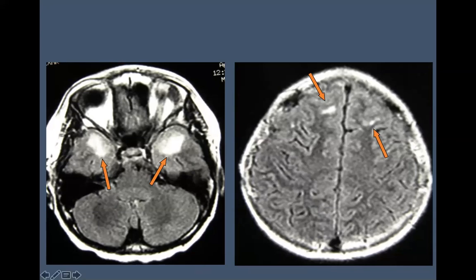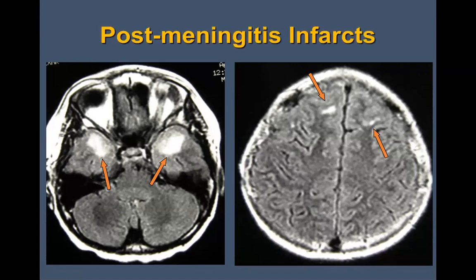So this exudate that involves the brain and the inflammatory process can cause some fairly severe disease, but it may just be small vessel occlusions, not major arterial occlusions. And so the areas of infarct may be relatively small and scattered.